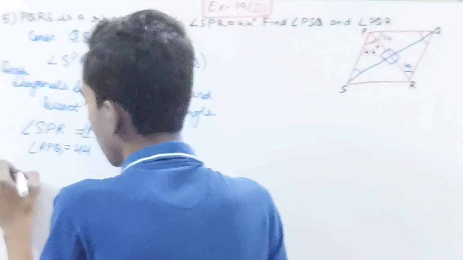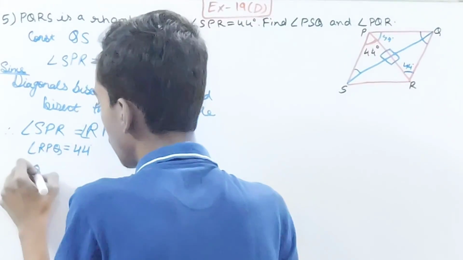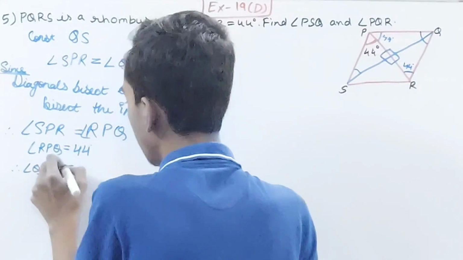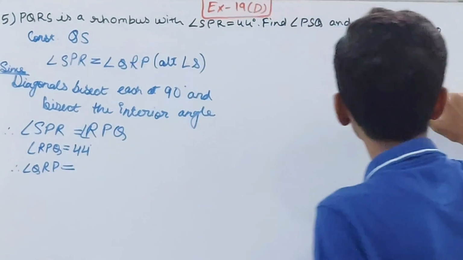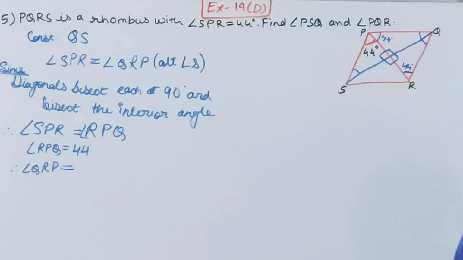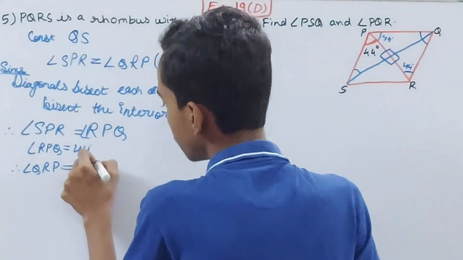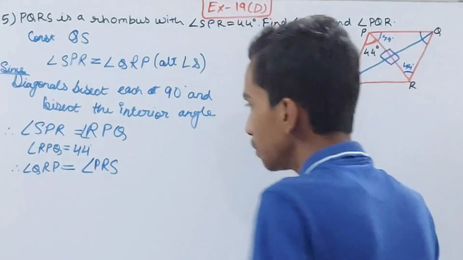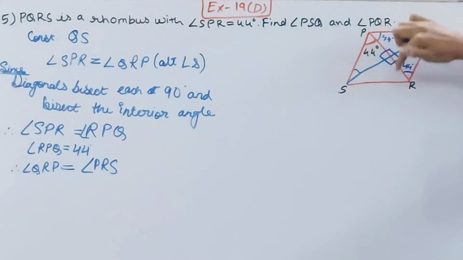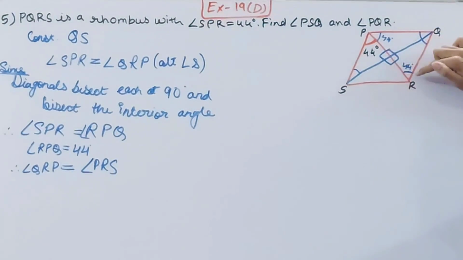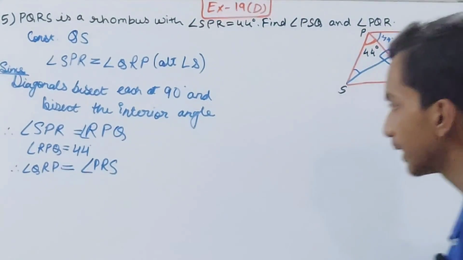Angle QRP will be equal to angle PRS. You just have to see what is opposite to this, the second half of this. If this is 44, then this much arc will form a 44 degree angle.